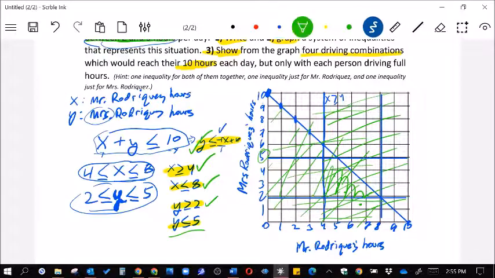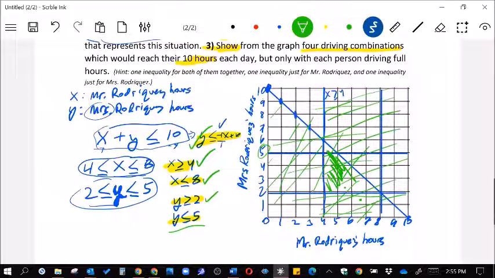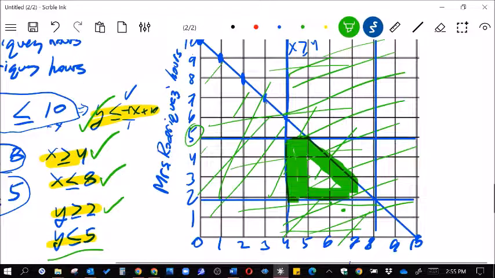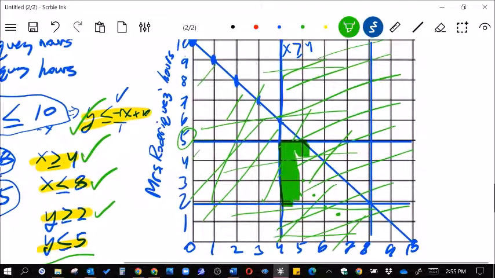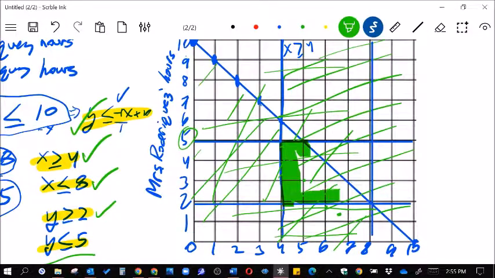So the area where all of these match all at the same time appears to be this. I want to play within the lines a little bit better.